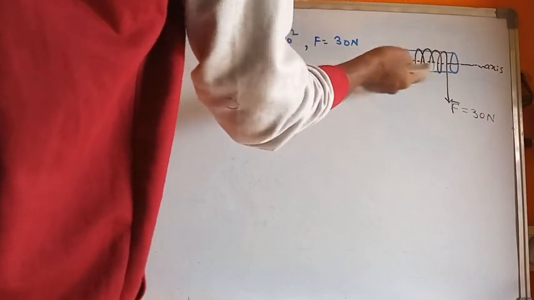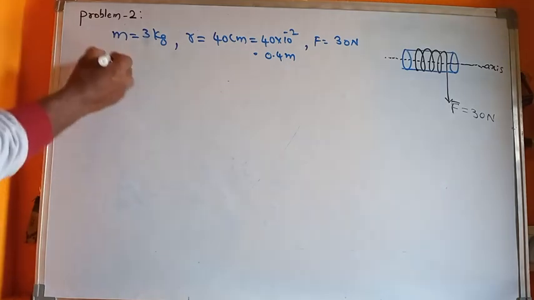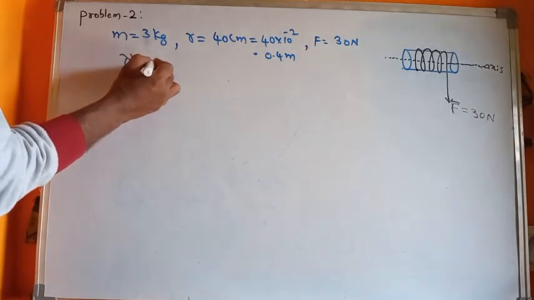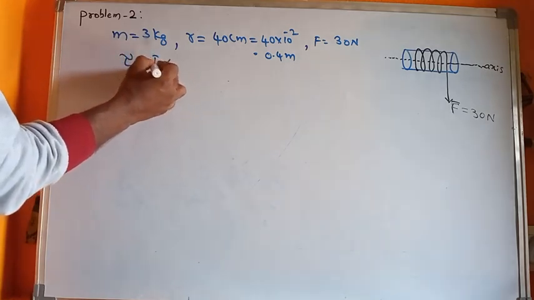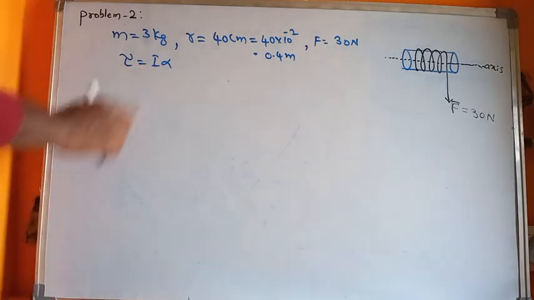When it rotates, it has some angular velocity, and the change in angular velocity is nothing but angular acceleration. Now we have to find that angular acceleration. Here angular velocity is not provided, so we use the formula tau is equal to I alpha. This is Newton's second law in rotational motion.